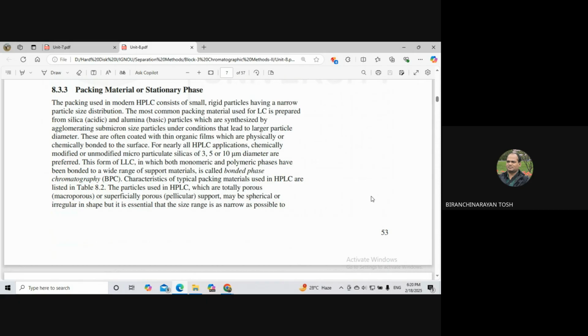These are often coated with thin organic films which are physically or chemically bonded to the surface. For nearly all HPLC applications, chemically modified or unmodified microparticulate silicas of 3, 5 or 10 micrometer diameter are preferred.